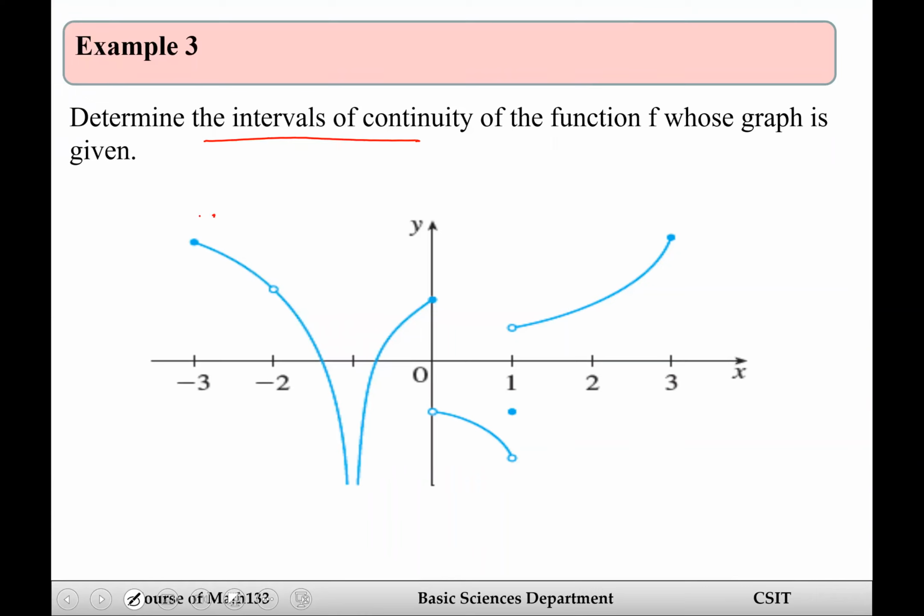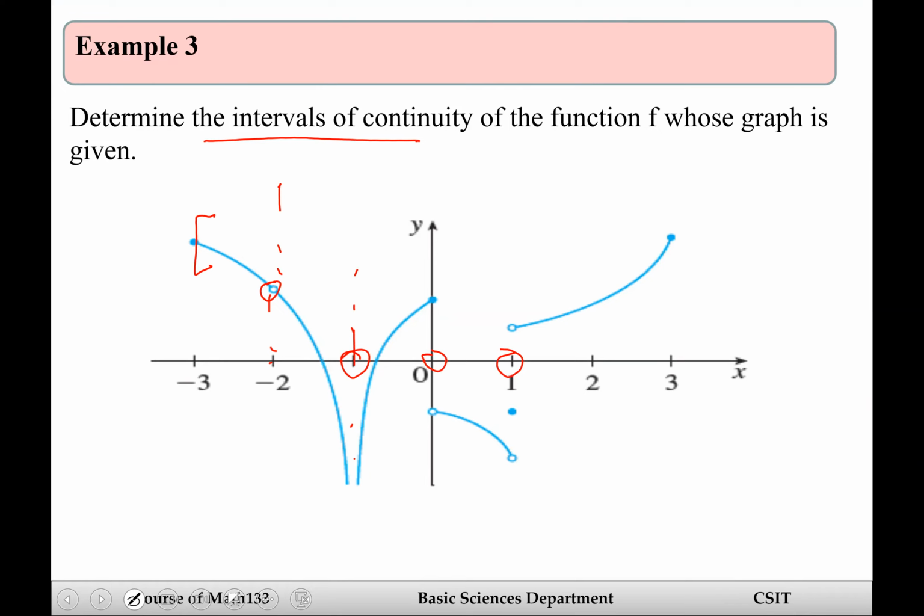So from this point till this one, we have here discontinuity. Let's talk about discontinuity first. This discontinuity is at -2, -1, 0, 1, and that's it. These are the discontinuities.